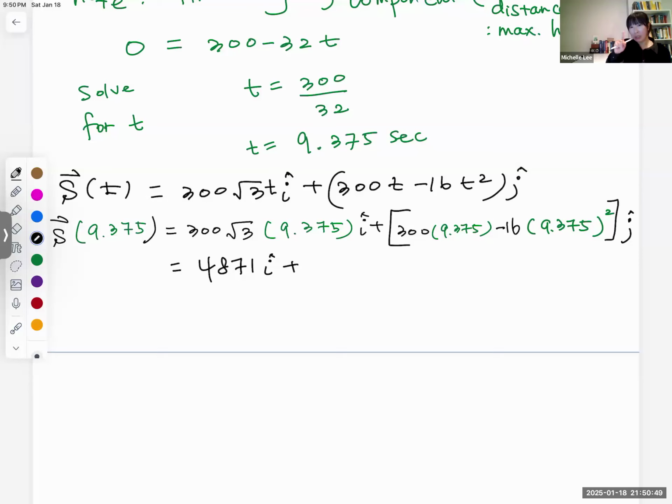Actually, we need only the j component, right? So 1406.25 j hat. Yeah, so we need only the j component.